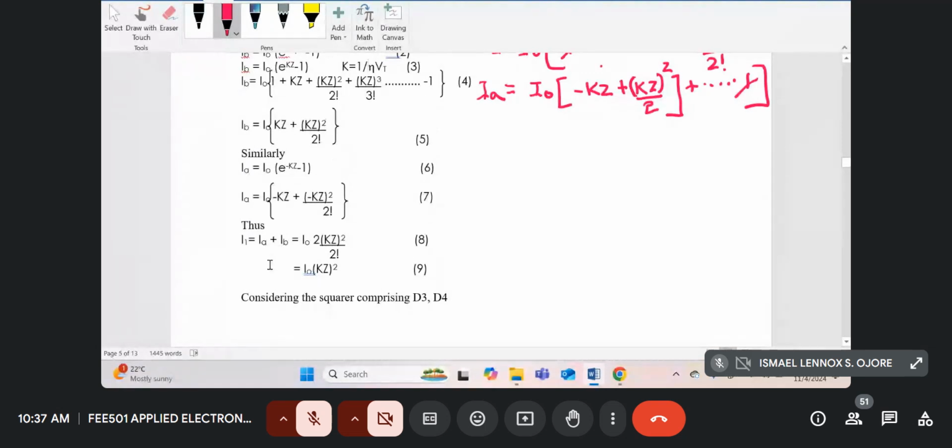So if we sum these currents, I1 is I_A plus I_B. I_A is equation 7 here, which is what we just derived here. I_B, we had earlier derived, is kz plus kz squared over 2 factorial. That's equation 5.